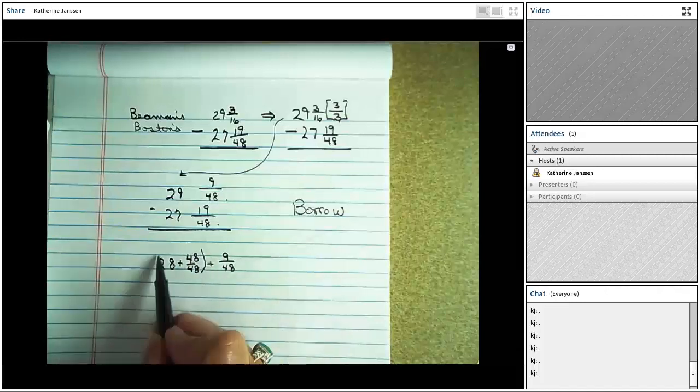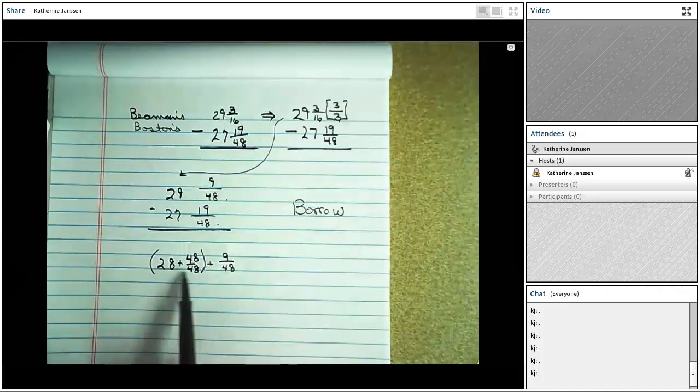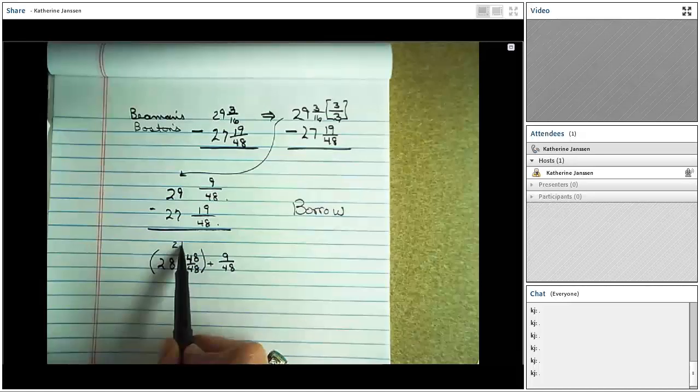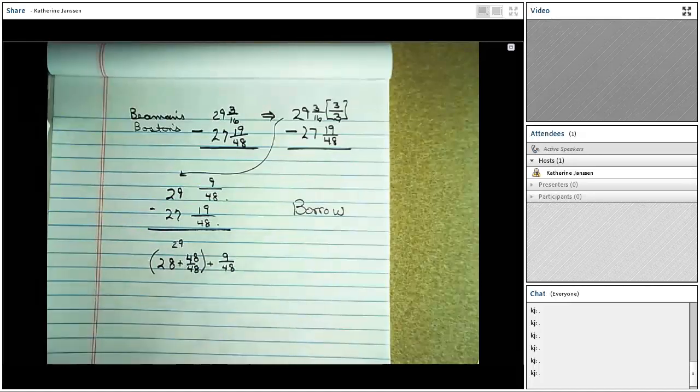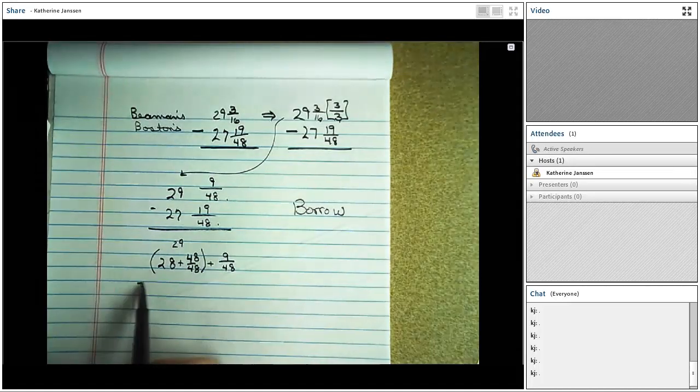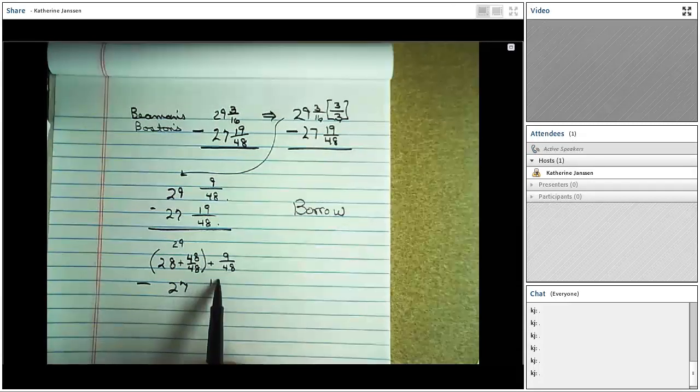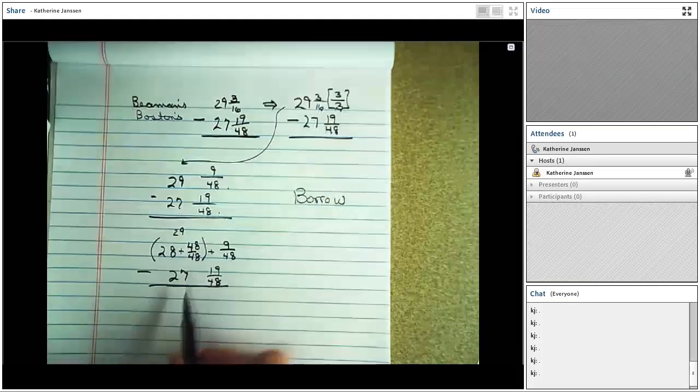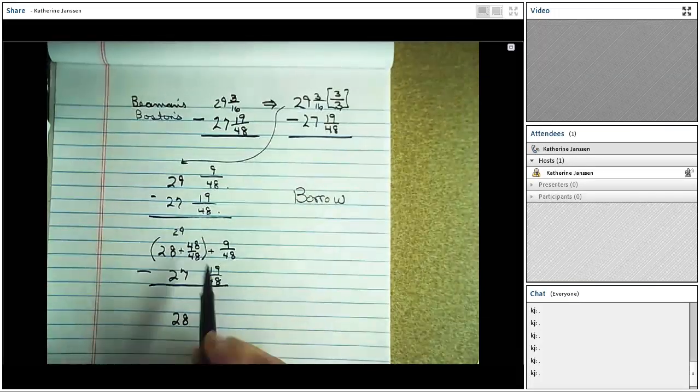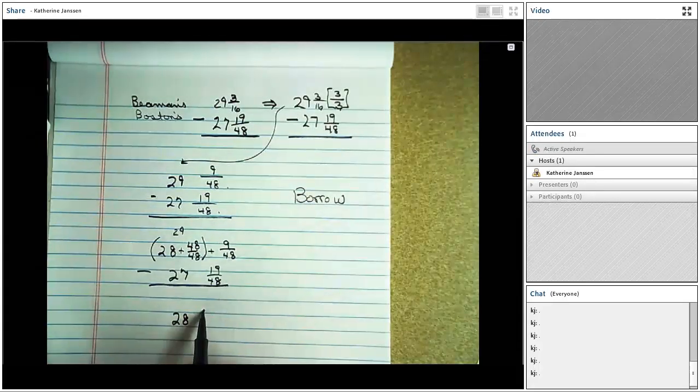So I've converted 29 to its equivalency 28 plus 1. I'm still subtracting 27 and 19/48. So in the numerator, I have 28, and 48 plus 9 would be 57 all over 48. I'm going to subtract 27 and 19/48.